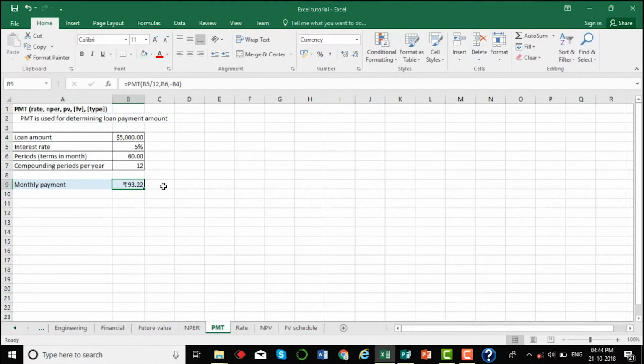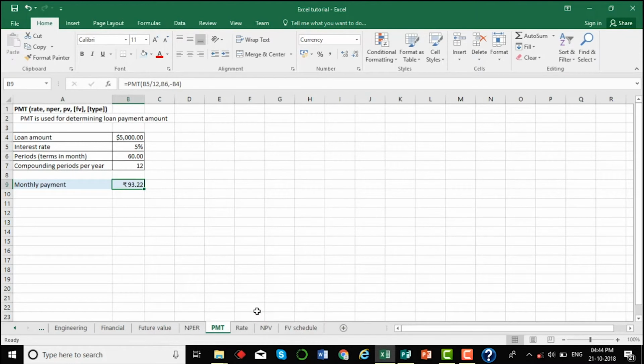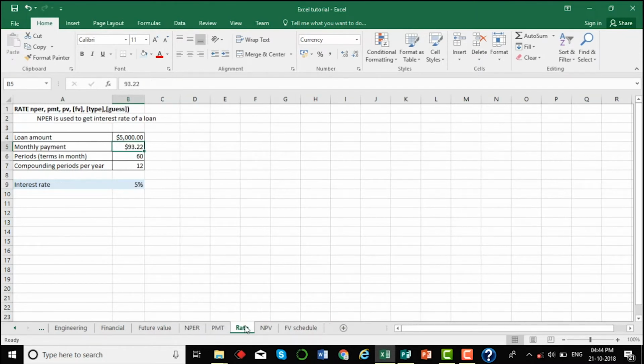Let's now move to the next function, which is the rate function. The rate function is a financial function that returns the interest rate per period of an annuity. We have the loan amount, monthly payment, number of periods of payment, and using these we have to find the annual interest rate.